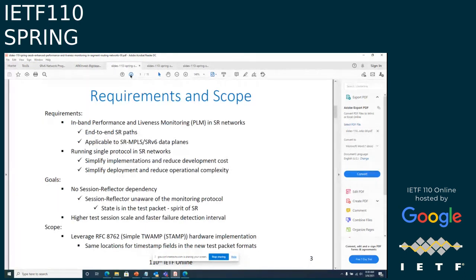So the requirement is again in-band performance, but this time liveness monitoring in SR networks for end-to-end SR paths, applicable to SR-MPLS and SRv6 data planes, and running a single protocol to simplify implementations and reduce development cost.